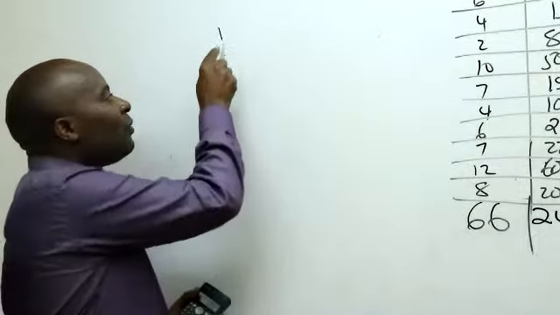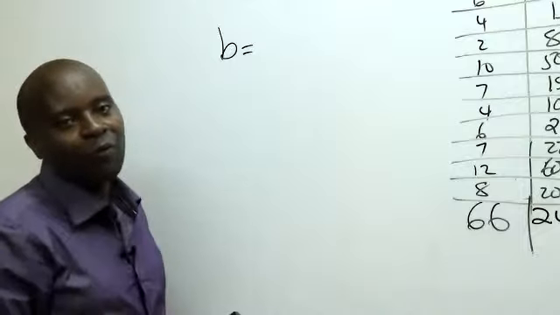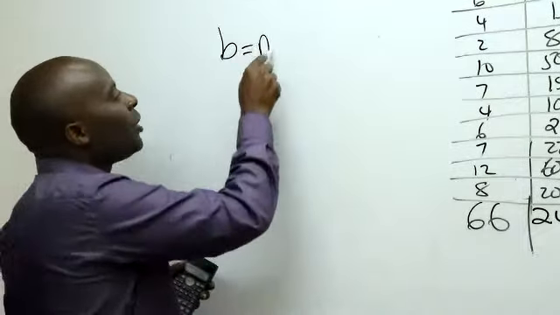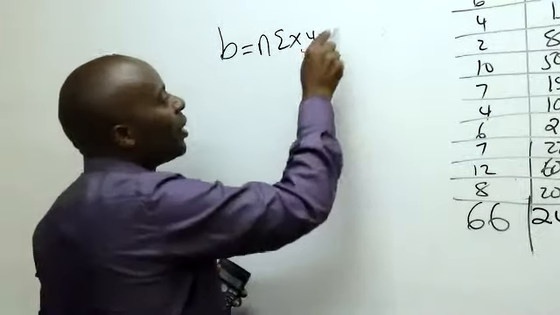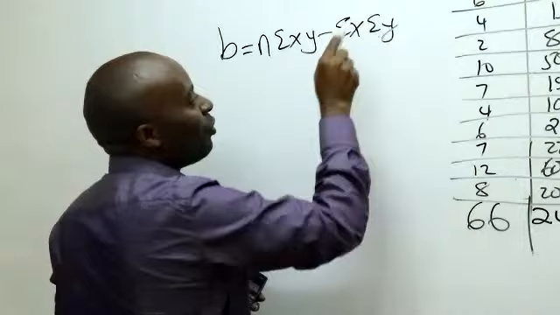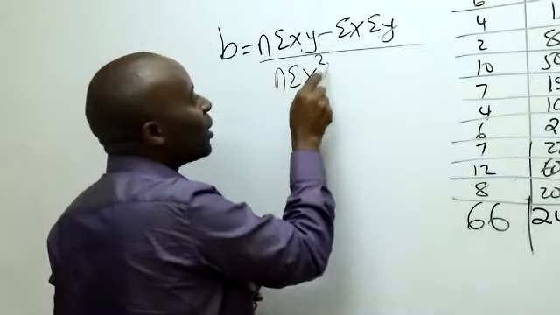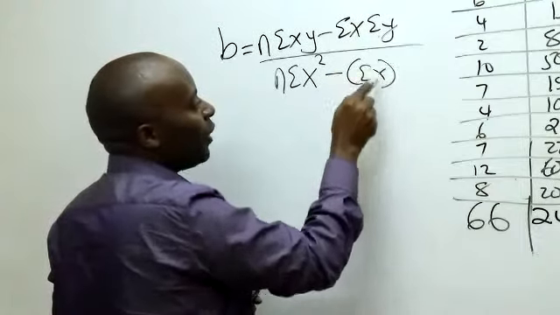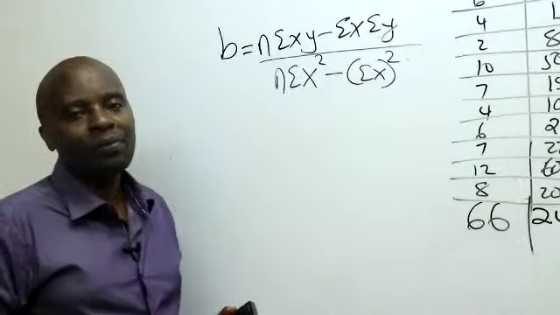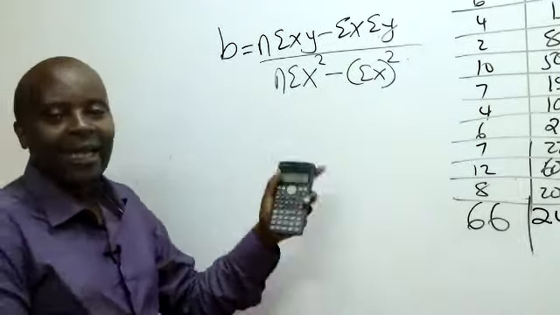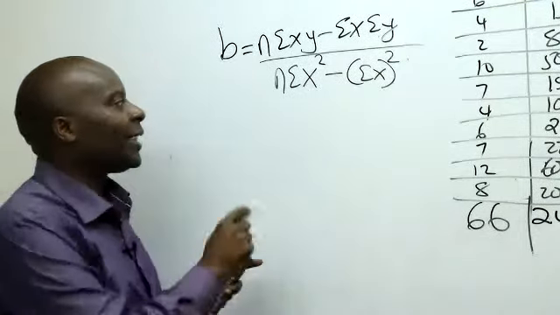To get b, we talk of n, summations of xy, minus summation of x, summation of y, all over n, summation of x squared, minus open bracket, summation of x, squared. That's the formula for getting b.